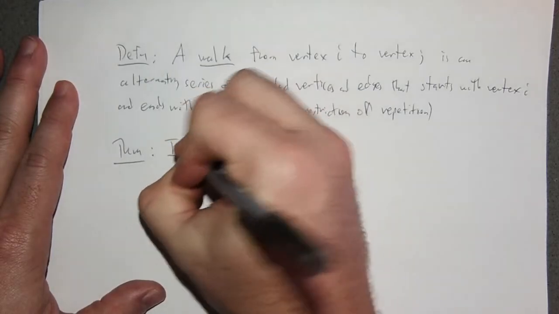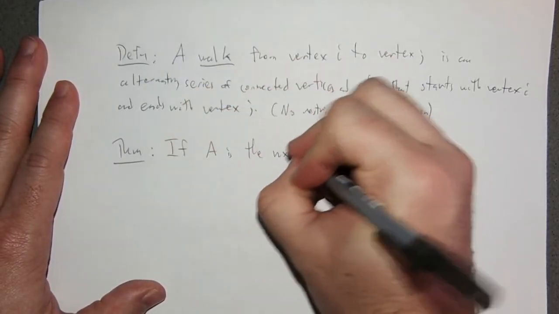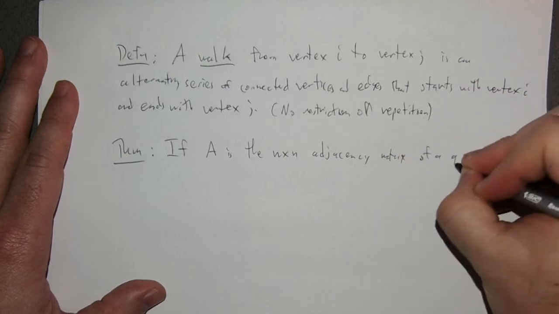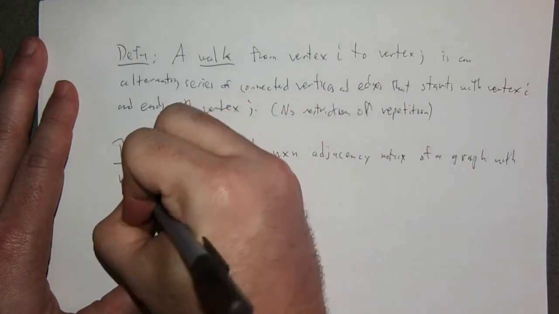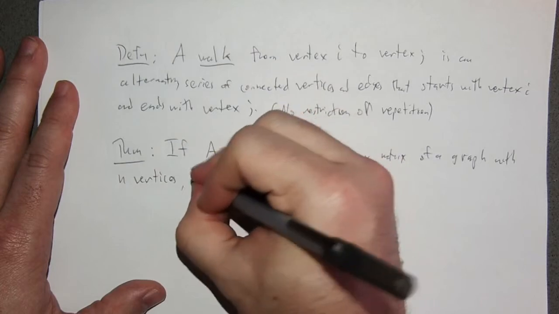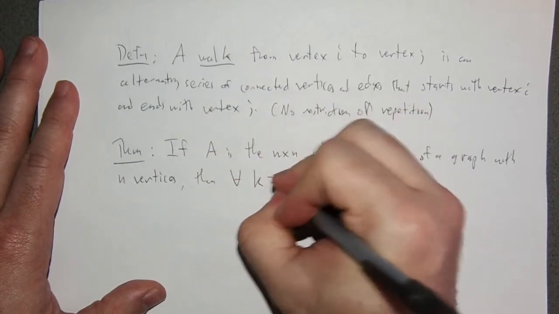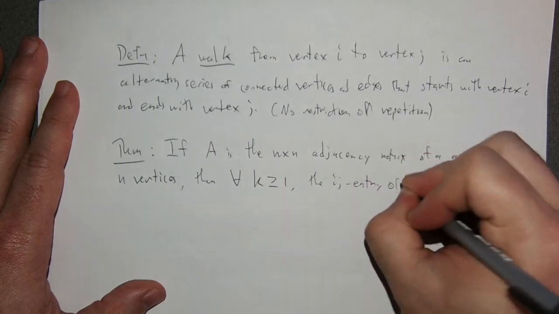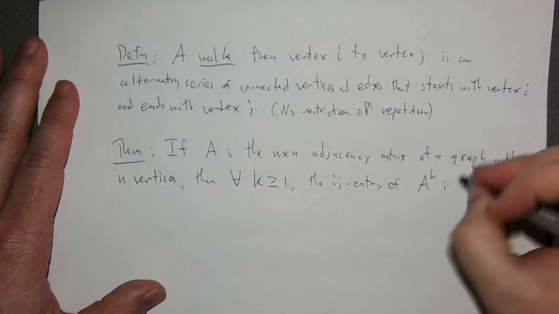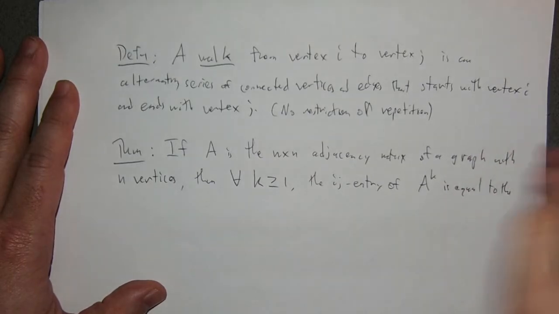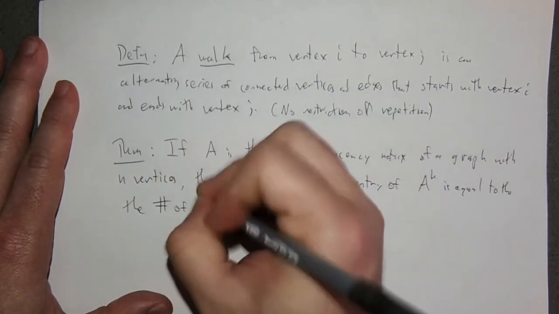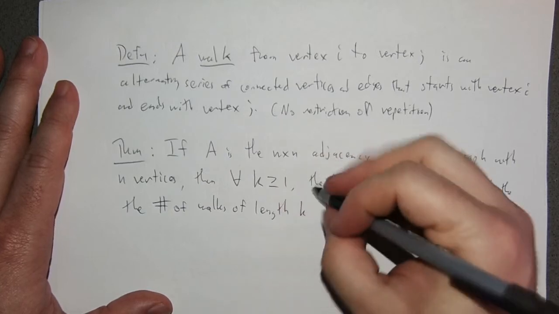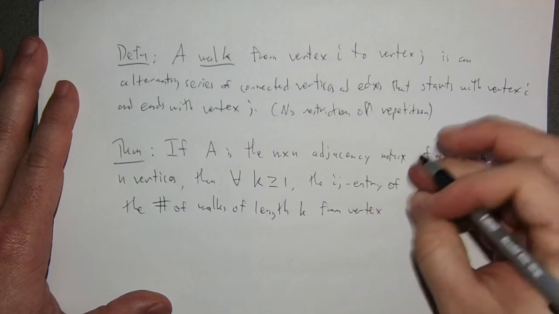So theorem: if A is the n by n adjacency matrix of a graph with n vertices, then for every integer k bigger than or equal to 1, the ijth entry of A to the k is equal to the number of walks of length k from vertex i to vertex j.